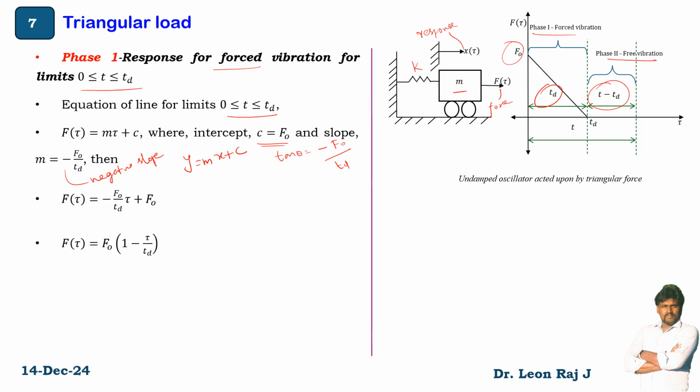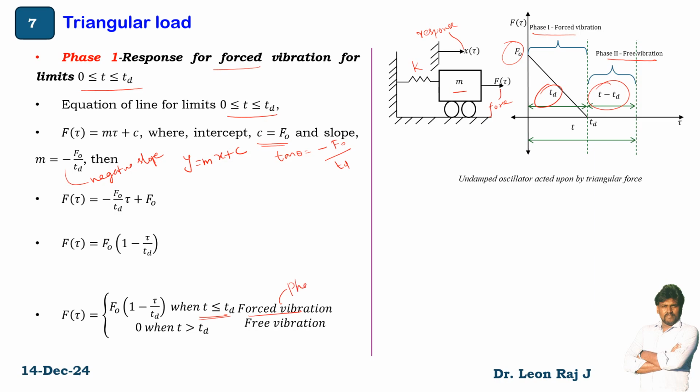So f of tau equal to f0 into 1 minus tau by td, when t is less than or equal to td. This is the forced vibration. This is phase 1 and the other is the free vibration response, that is phase 2. Here the force is 0 when t is greater than Td.